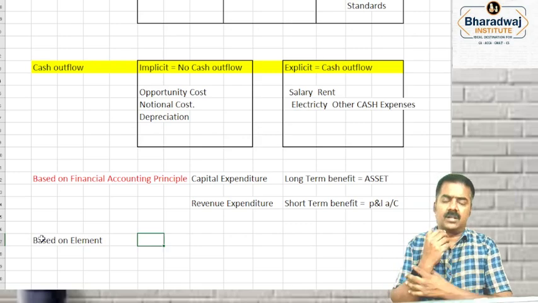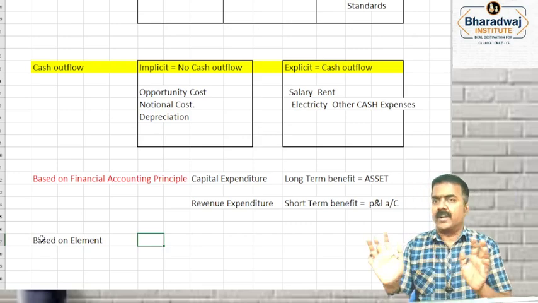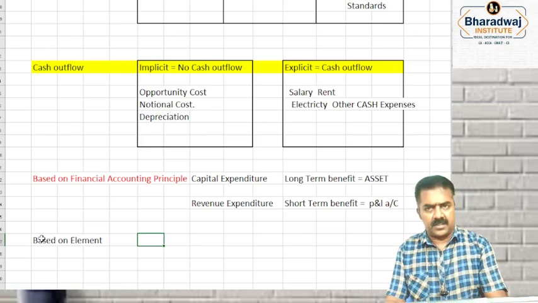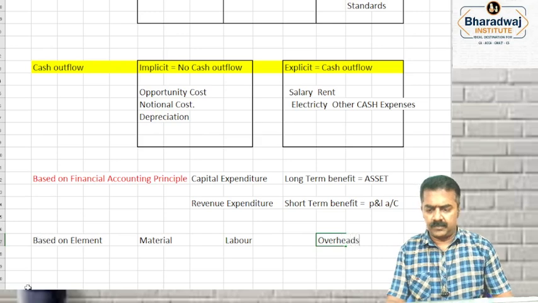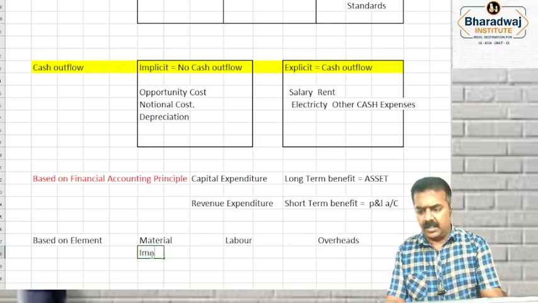Then, based on element, how is the cost classified? Any product for that matter, there will be three elements of cost: material, labor, overheads. Material is nothing but inputs used in processing.